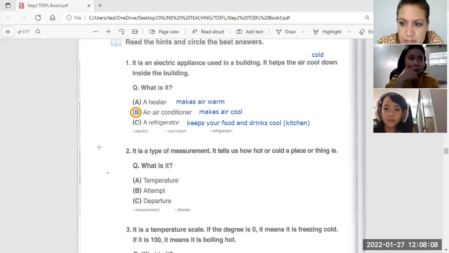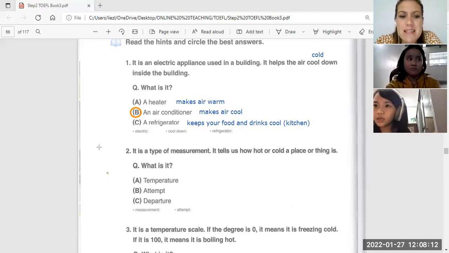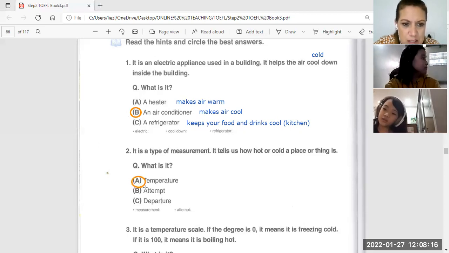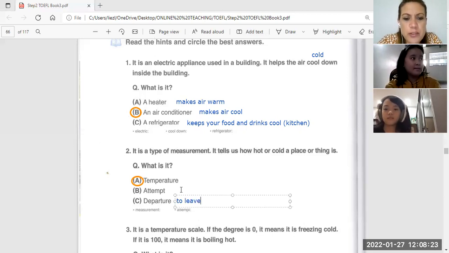I think temperature. Temperature tells us if something is hot or cold. Departure means to leave. When you depart, you leave. And attempt is to try.